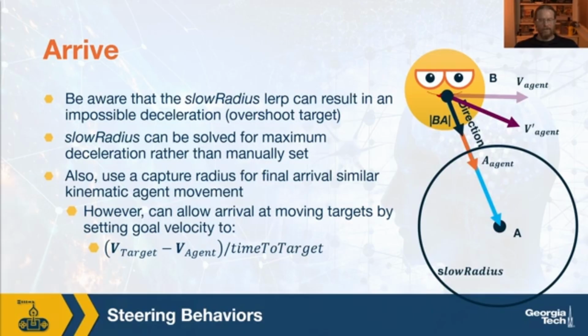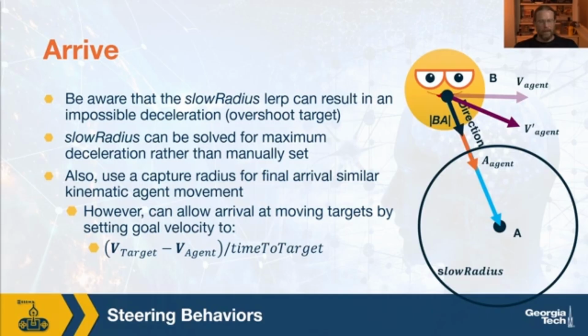You probably have seen simple particle dynamics equations for what distance it would take at some particular acceleration to go from one speed to the next. So you can just find the appropriate equations, and you can determine for yourself what that slow radius should be. That's probably worth the effort if you're implementing an arrive steering behavior.